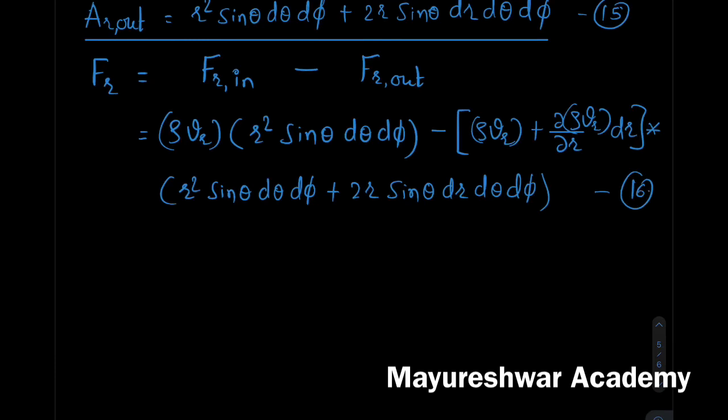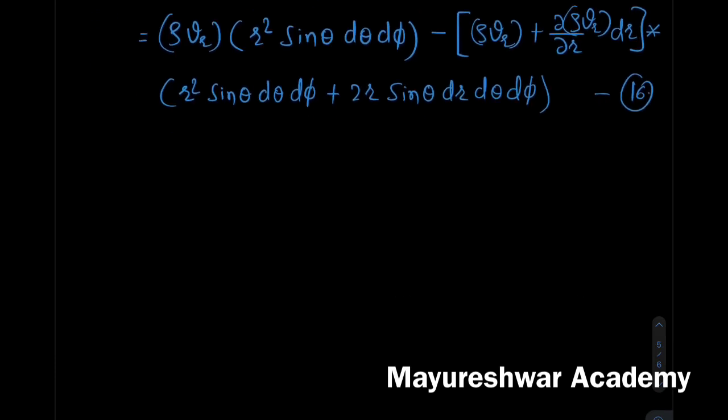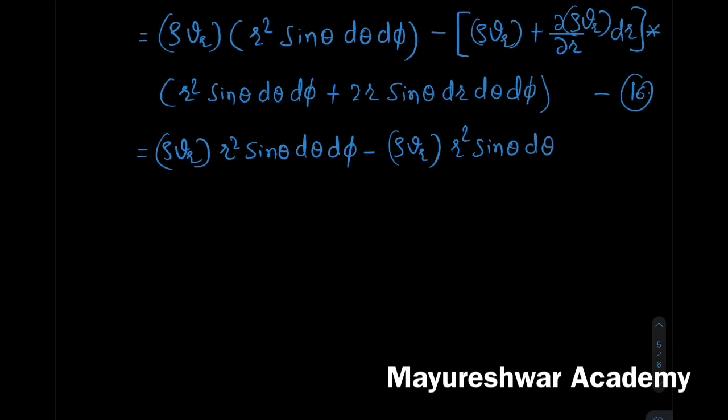Let us expand these terms. Rho vr r squared sine theta d theta d phi minus rho vr r squared sine theta d theta d phi minus rho vr into 2r sine theta dr d theta d phi.